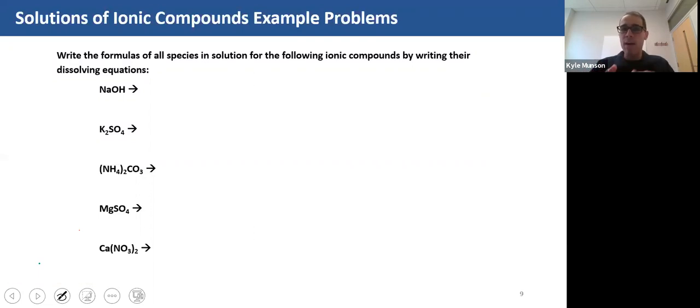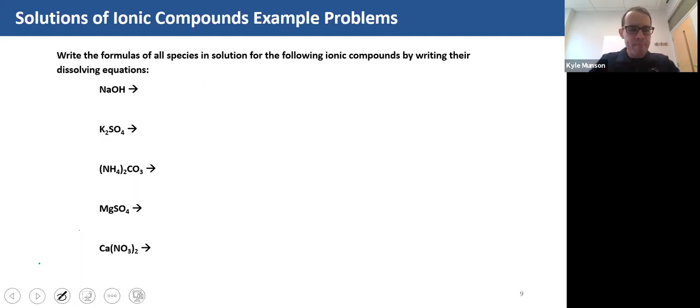I'm just going to leave it out in this video because I want to be really clear on breaking apart these compounds into their ions. If you write down water, I'm not going to take points off. Like I said, it's implied, so if you leave it off, I'm assuming you know it's there. But if you write it down, all the better.